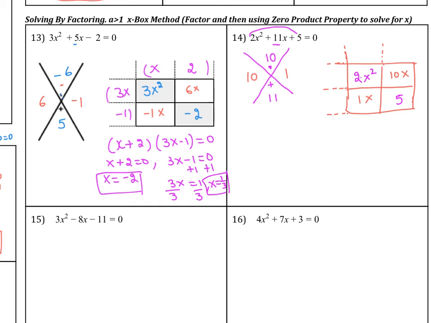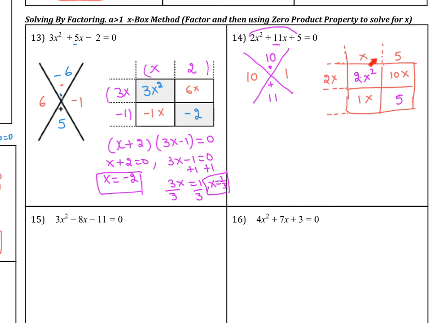So it's going to be 2x, and then you're going to look for the number that you multiply with the 2x to get 2x squared, and that number is going to be x. Now you're going to look for the number that when you multiply it with 2x is going to give you 10x. So that number is going to be 5.